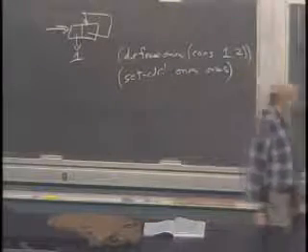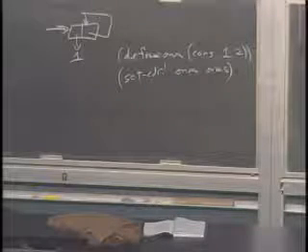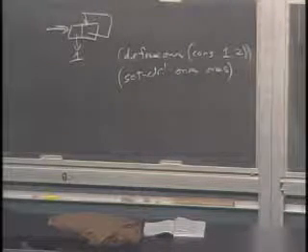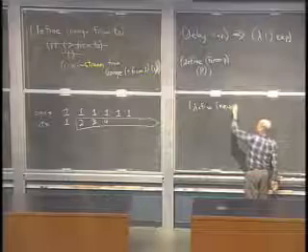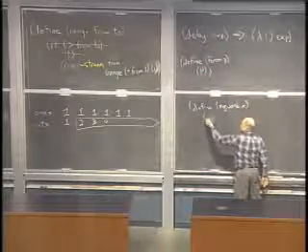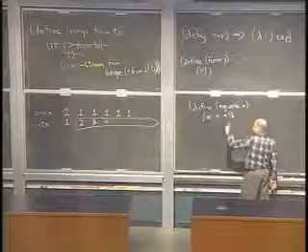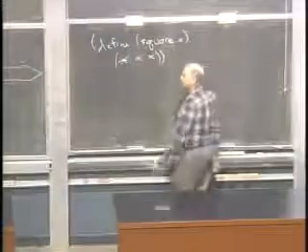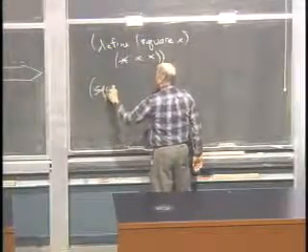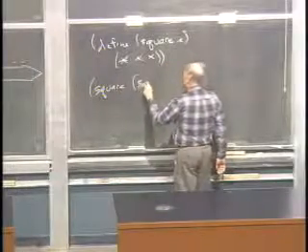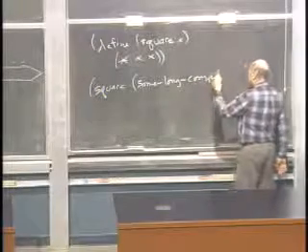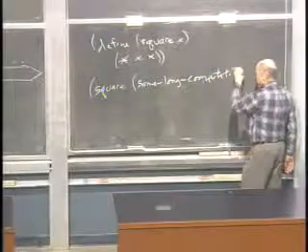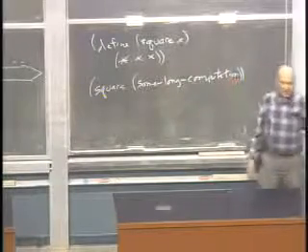Well, because of examples like this: if I define square of x as x times x, and now I ask to compute square of some long computation. Let's say this takes an hour.